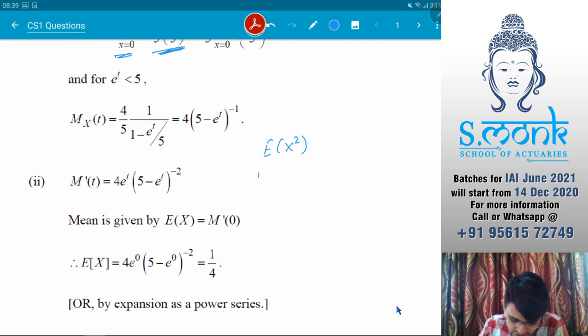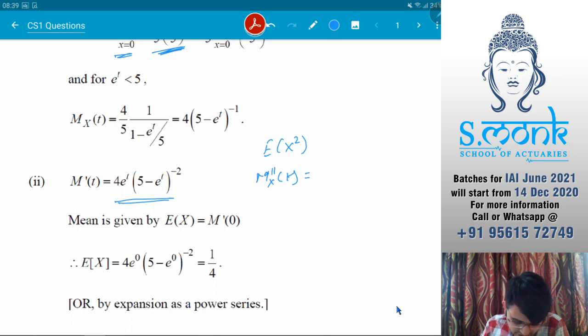So you will have mx dash t, that would be equal to double dash. So we'll differentiate this one more time.